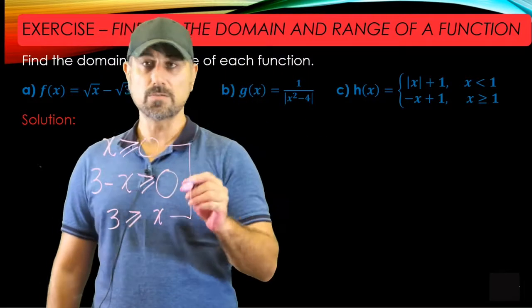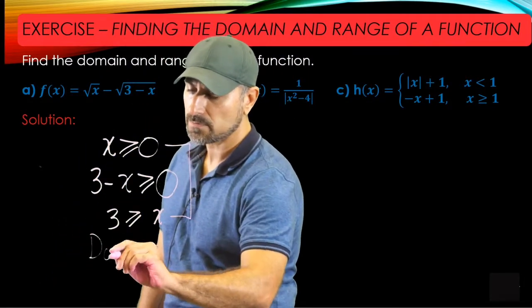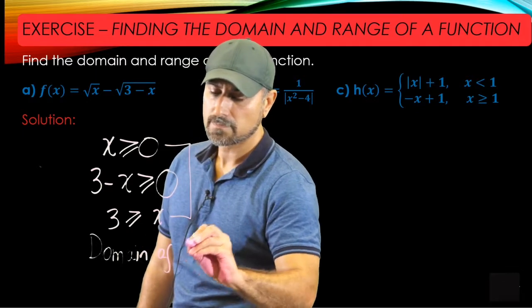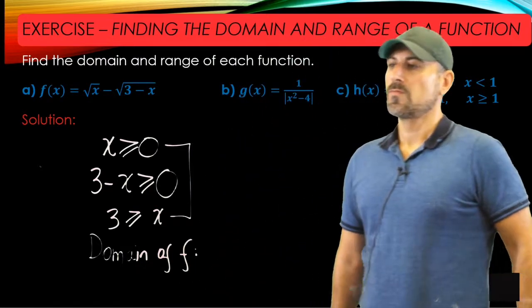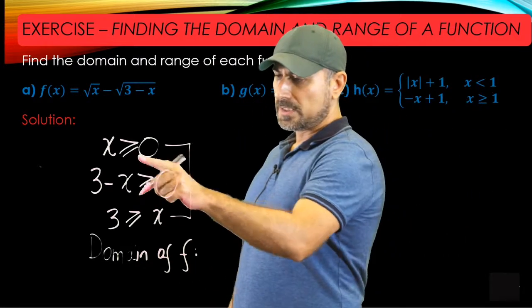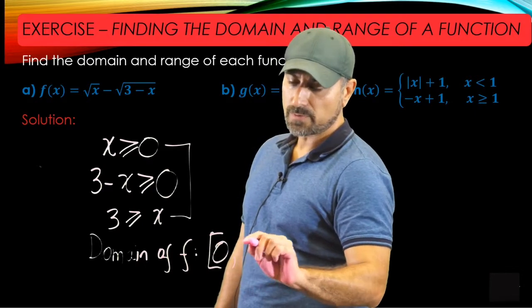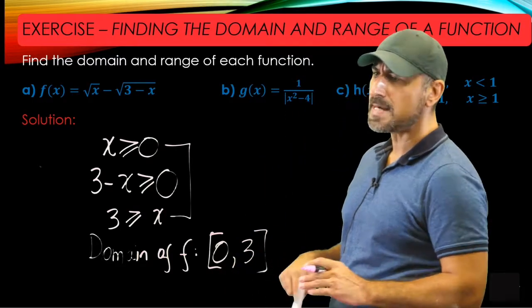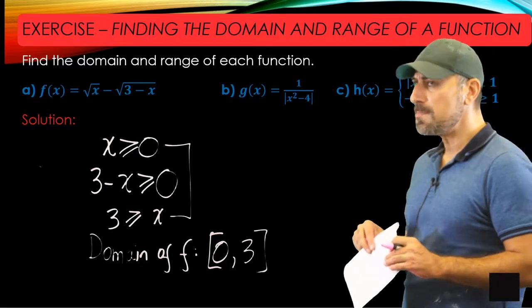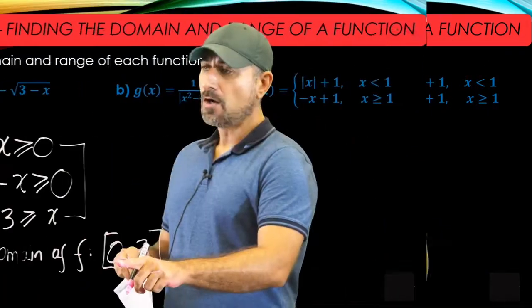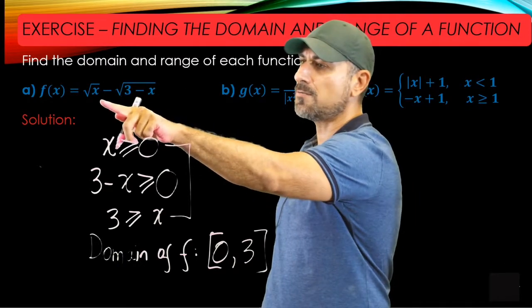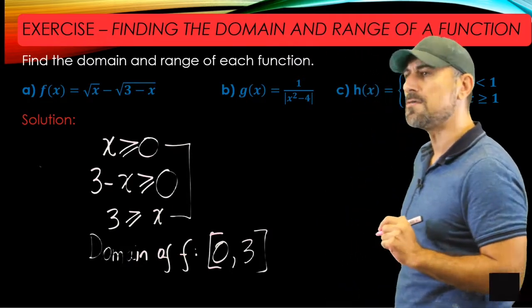So that means that the domain of f is the set of all numbers starting from 0 all the way to 3. This is the bracket notation. When we have this domain, what are the images of x's coming from the domain? When x equals 0, this is 0 and this is positive root 3, so 0 minus root 3 gives negative root 3 in the image.